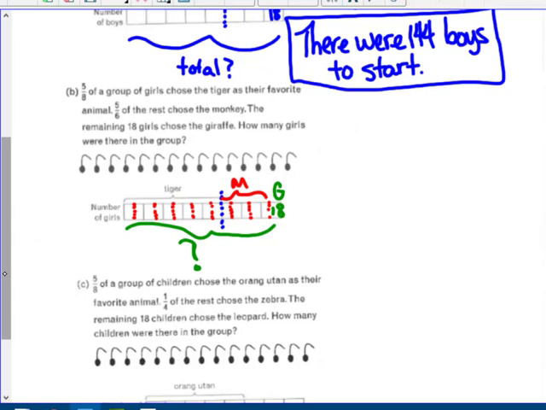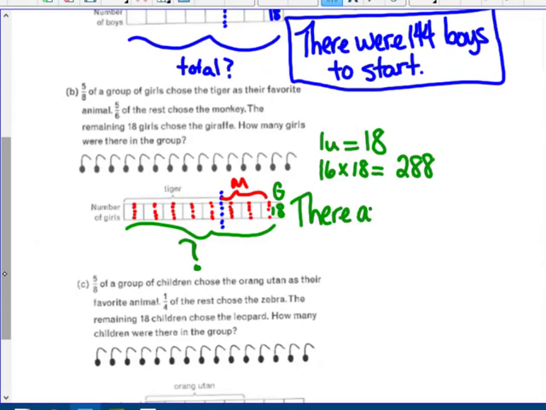Well, 8 divided in half would be 8 times 2, which would be 16. So 1 unit was 18 people choosing the giraffe. So 16 units would be 16 times 18, which would give me 288. How many girls are in the group? There are 288 girls in the group.